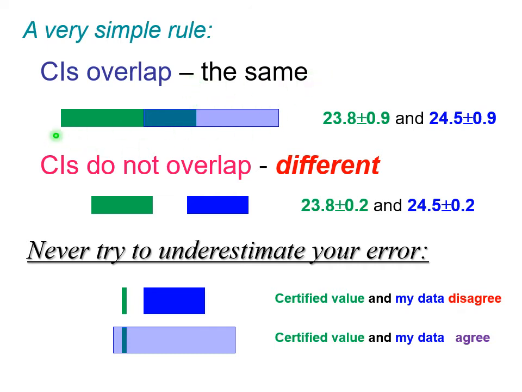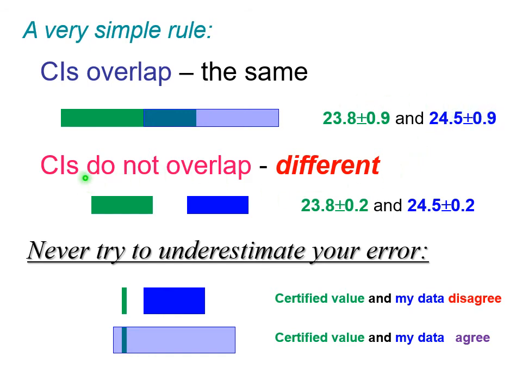So, for example, green and purple intervals overlap, so you do not see the difference. 23.8 plus minus 0.9 and 24.5 plus minus 0.9. These two intervals overlap, so you do not see statistical difference between these two numbers.